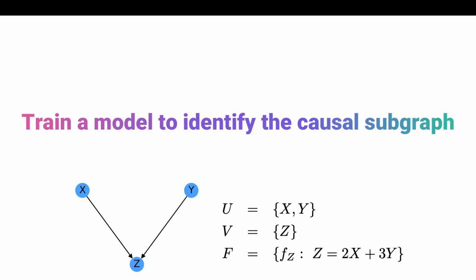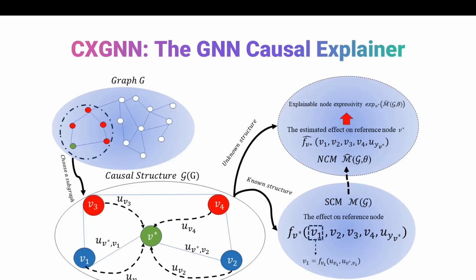When we want to study the effects on node Z and understand the information this node Z contains, we have the variable V, a set of observable nodes we want to study, which is Z. The latent variables are X and Y, and we can come up with a function. For example, Z is a composition of X and Y: 2 times X plus 3 times Y gives us Z. So Z is combined from X's effects and Y's effects.